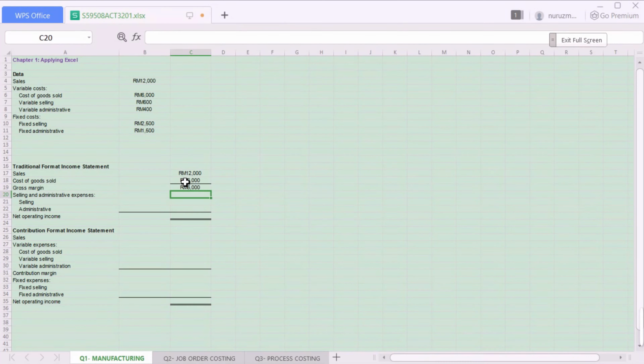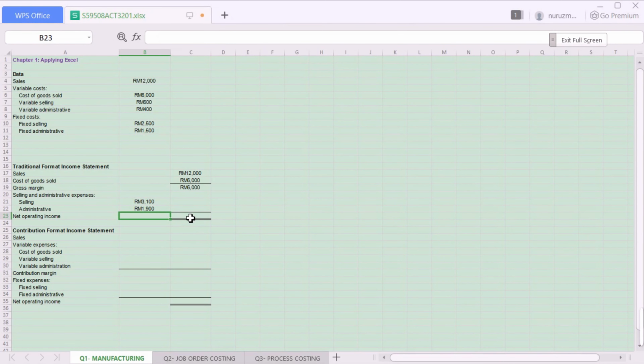Selling and administrative expense. In traditional format income statement, we combine the variable cost and fixed cost together. So selling 600 plus 2,500. Administrative 400 plus 1,500.